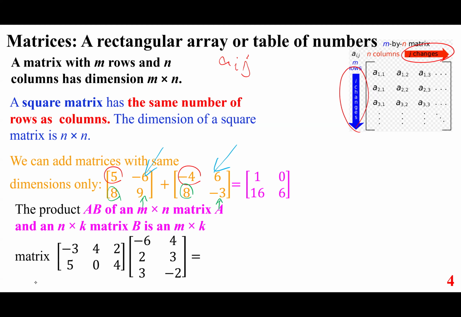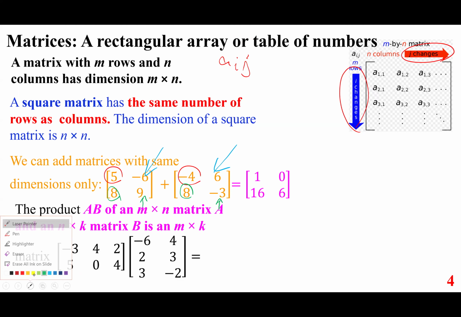Now, the product is a different story. The product AB of an m by n matrix A and n by k matrix B is m by k. What do we mean by that? I want to make sure we understand that. Number one, the number of rows and columns.